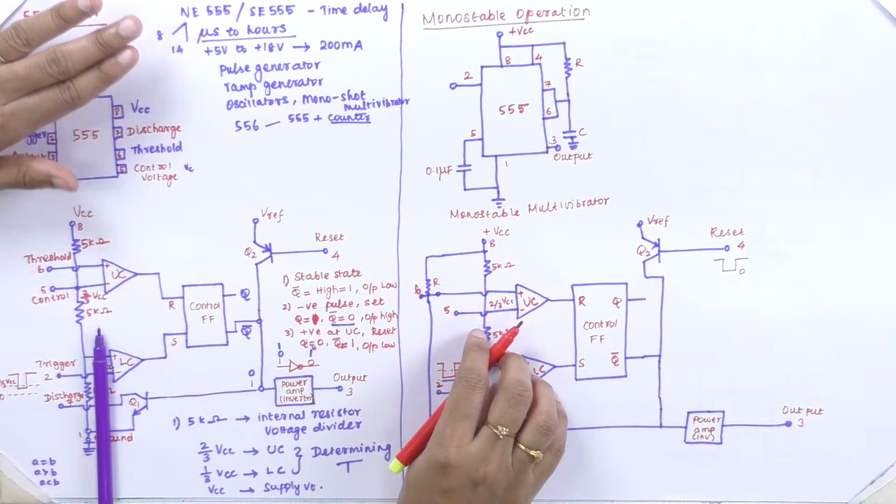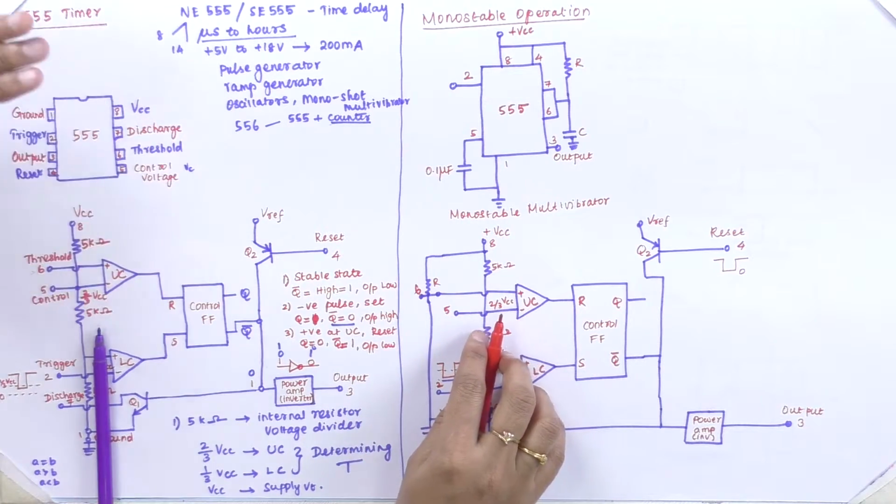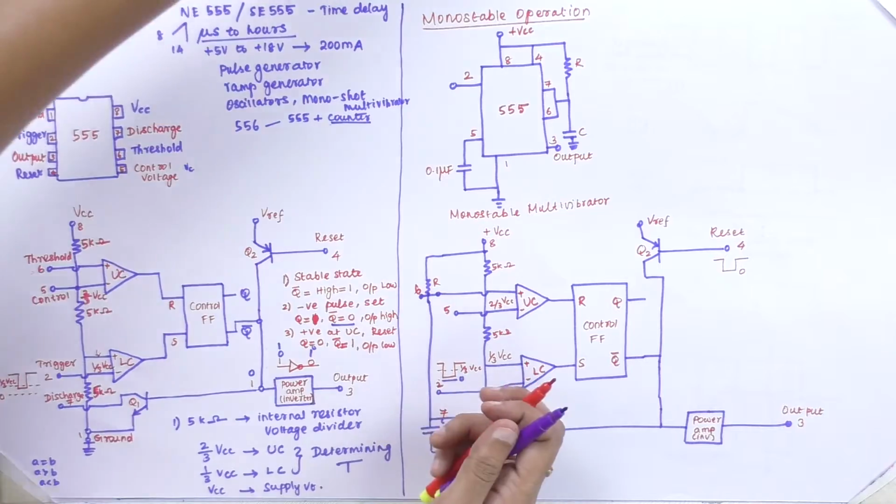So this is the operation of the functional diagram of this 555 timer. The 555 timer has 8 pins. The main ones we are going to discuss: the 8th pin is the supply pin and the 3rd pin is the output pin. So the input is the supply voltage and the output is our 3rd pin.